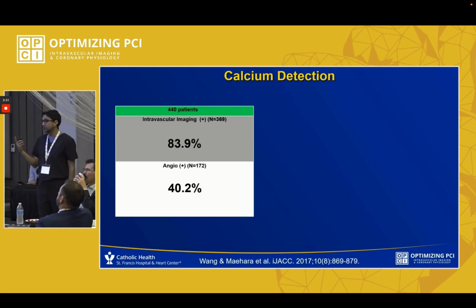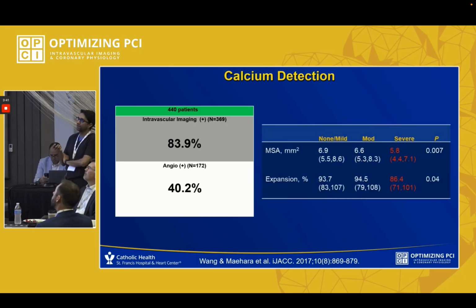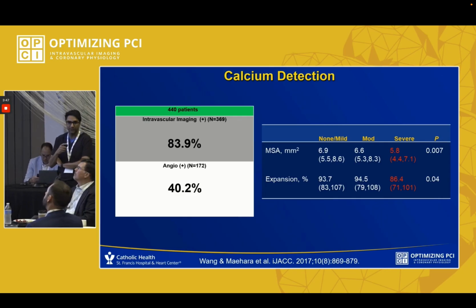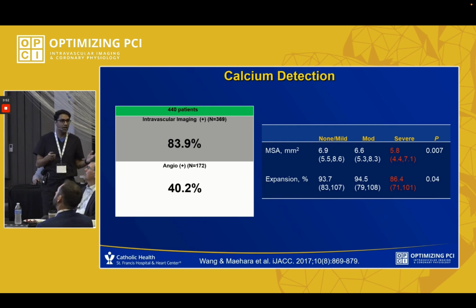So either something is too sensitive or it's too specific, right? And we want something that's sensitive and specific. So let's think about this for a second. When you look at angiographically severe calcification compared to none, mild, or moderate, only angiographically severe calcification predicts stent under expansion. Severe calcification is concentric.